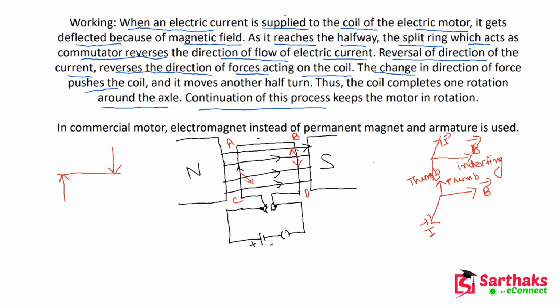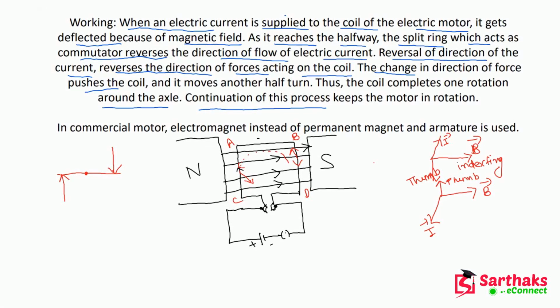Then it will start to rotate. The same thing is happening here. One force is acting here downside and another force is acting here upside. Because of this, this armature will rotate and come here.